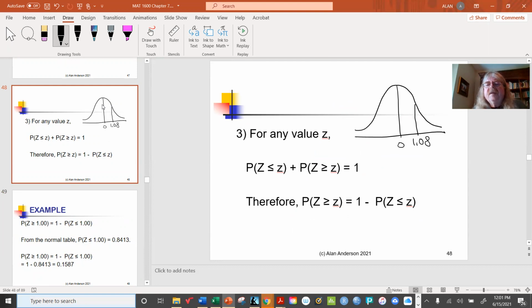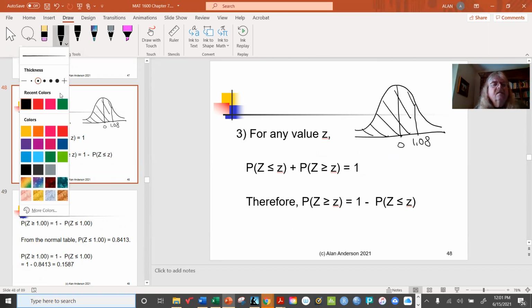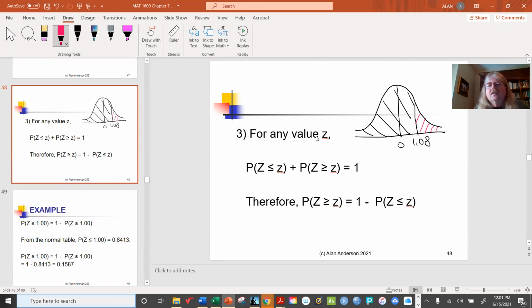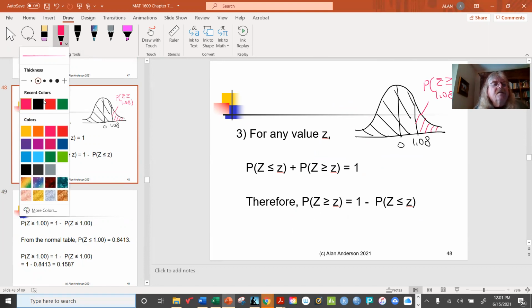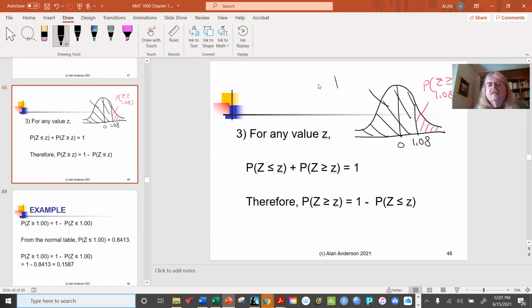So the probability of being below 1.08 and above 1.08 have to add up to 1. I think we already mentioned this anyway. So clearly the two of these add up to 1.